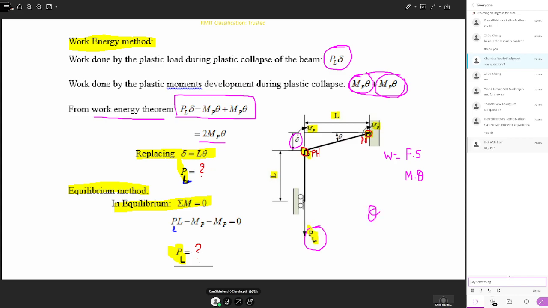From the figure here, you can write theta is equal to, anyone? In terms of delta and L, just focus on this triangle. What will be the relationship between theta, delta, and L?